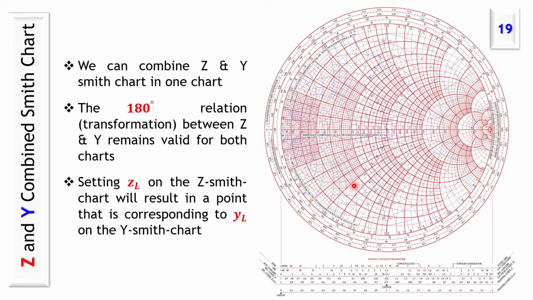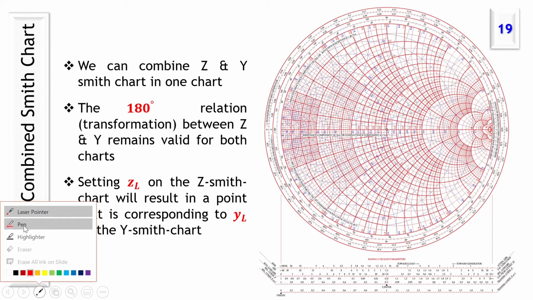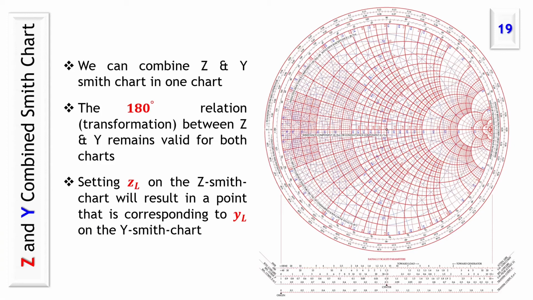What I prefer is to use just one chart and know that we can switch the meaning of points based on our understanding. So if I have, for example, a point here, let me change this. If I read from the red, this is 2, and this is, let us say, 0.8.